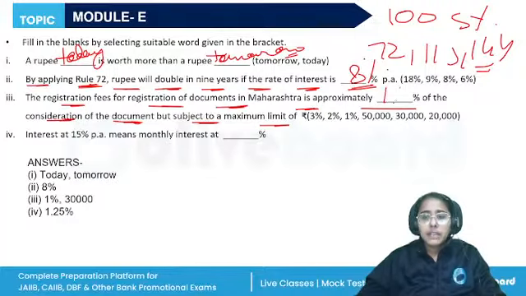So it will be 1% and maximum is rupees 30,000.